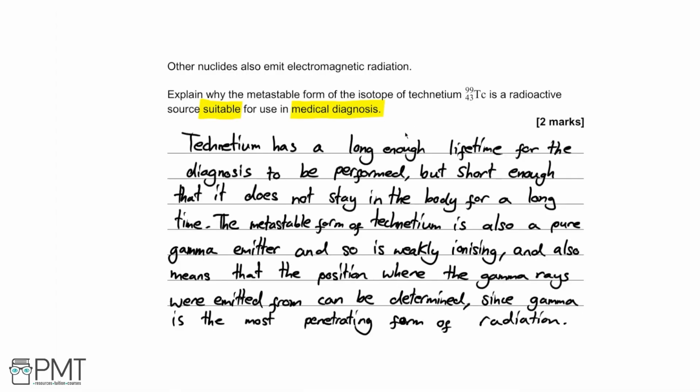In this question, we get up to 2 marks for any 2 valid points. For example, having a long enough lifetime for the diagnosis to be performed, having a short enough lifetime that it doesn't stay in the body for a long time, that it's only a gamma emitter, and that it's weakly ionizing, or that it can be used as a tracer, as detailed here.